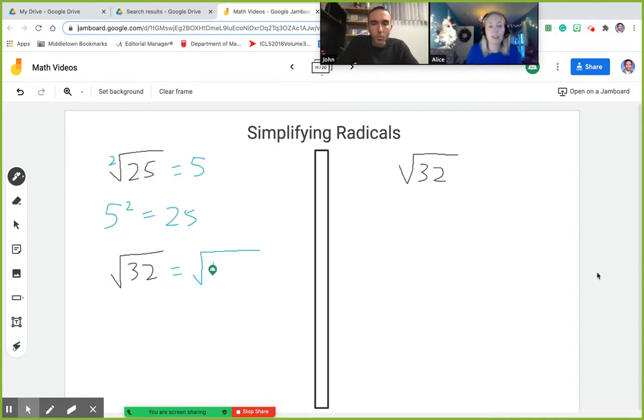I know that 16 times 2 is 32, and 16 is a perfect square. So I can pull it out. 4 times 4 is 16. So I'm going to pull the 16 out as a 4, and I'm left with that 2 still under the radical. So that's going to be my answer.